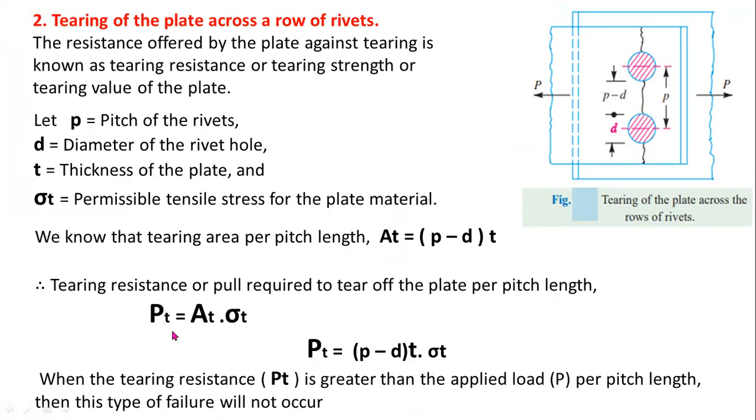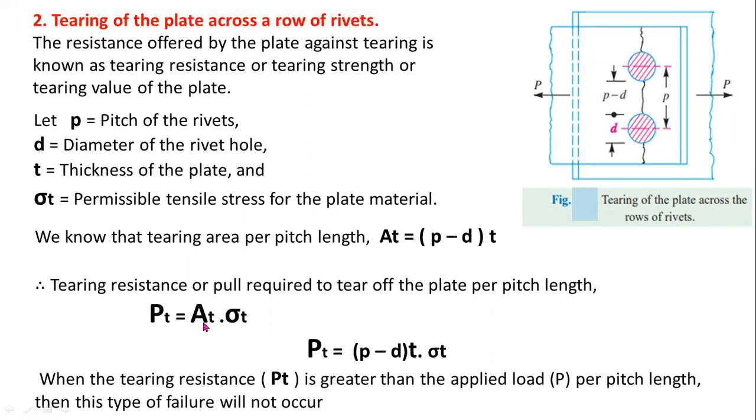Here, Pt is the tearing strength or tearing load. Pt equals the cross-sectional area of the plate per pitch length times the tensile stress acting on the plate material.